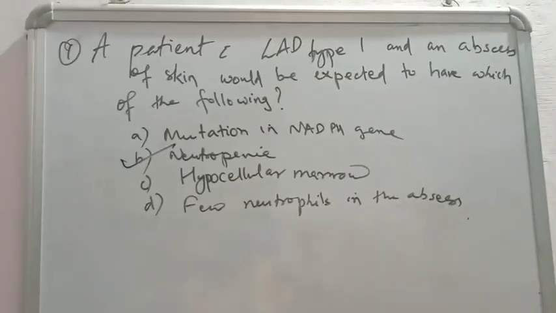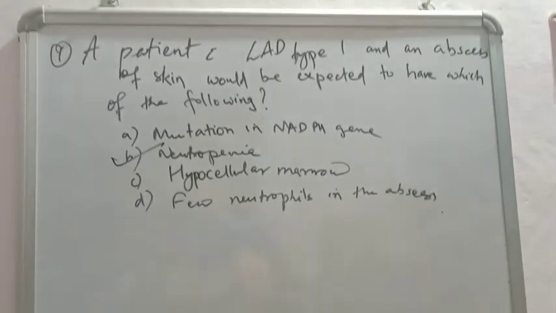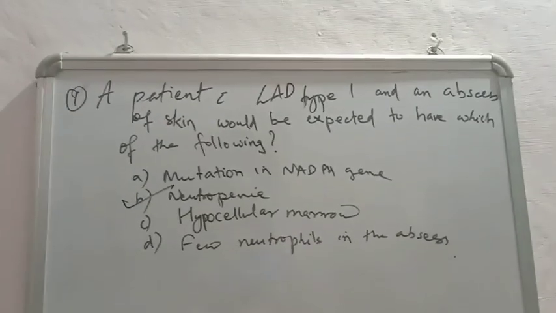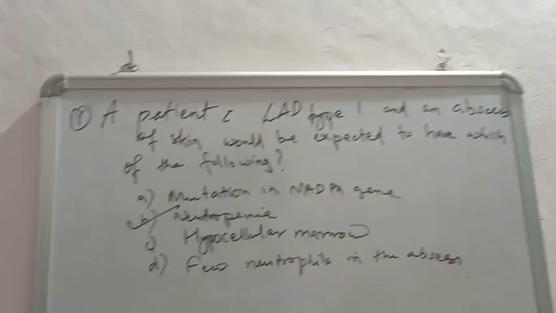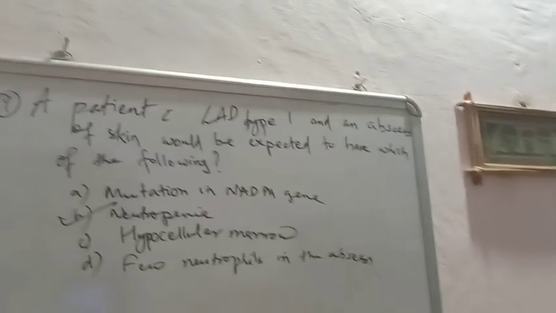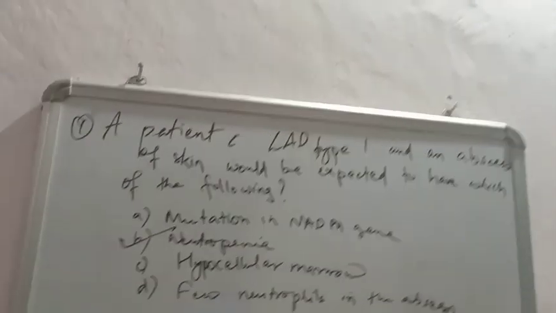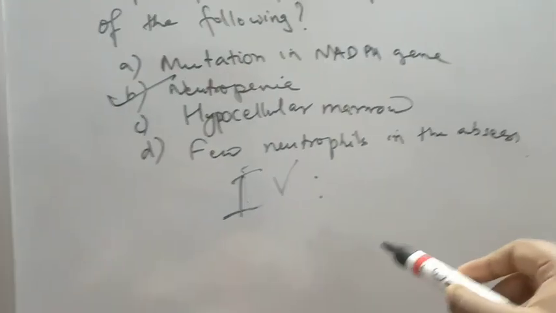Why? Because LAD is a disorder of inflammation. Okay, you know the inflammation pathway? In inflammation there are extravascular and intravascular changes. What are the steps of intravascular changes? MRAT.